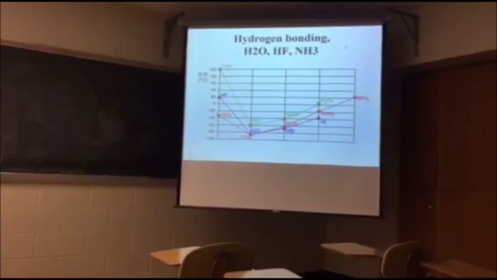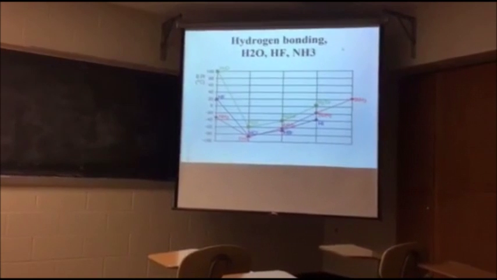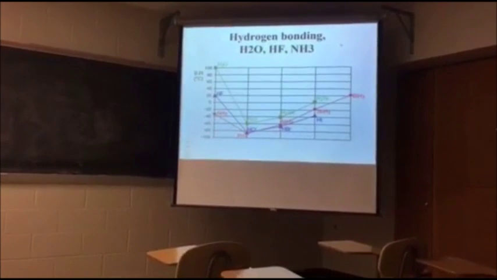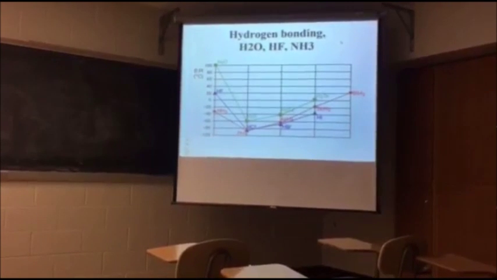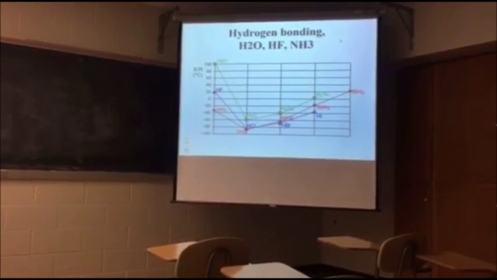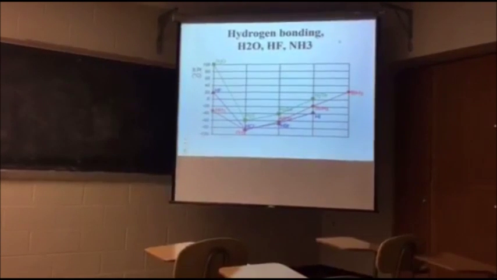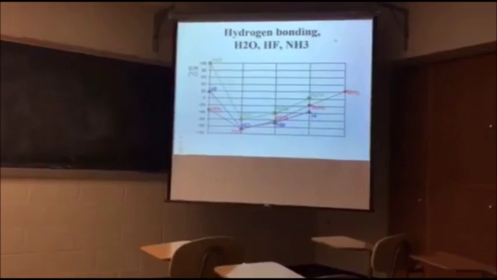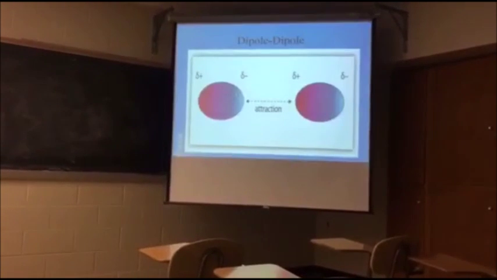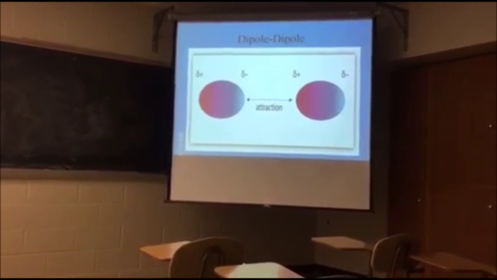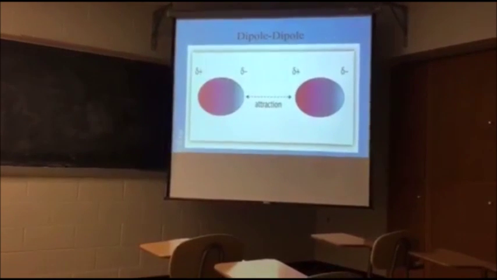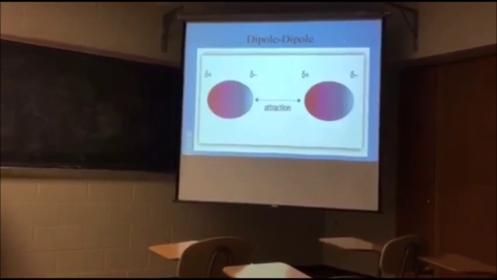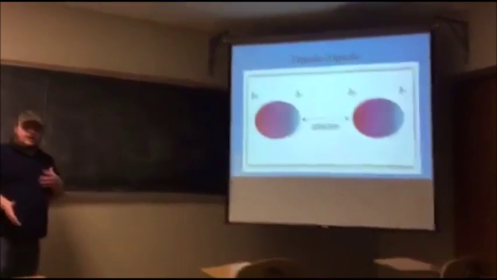So the H2O, HF, and NH3 are the main ones we talk about when we're talking about hydrogen bonding. And they're very important because temperature is very important to the twisting and bonding of things. Now you have the dipole, which just attracts the opposite end of a dipole.